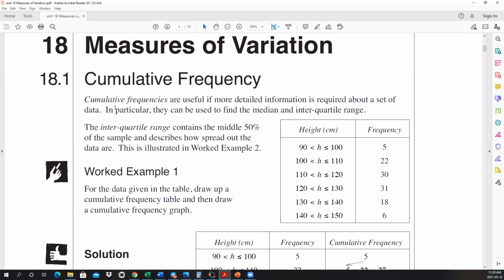In particular, they can be used to find the median and interquartile range. The interquartile range contains the middle 50% of the sample and describes how spread out the data are. This is illustrated in worked example number 2.